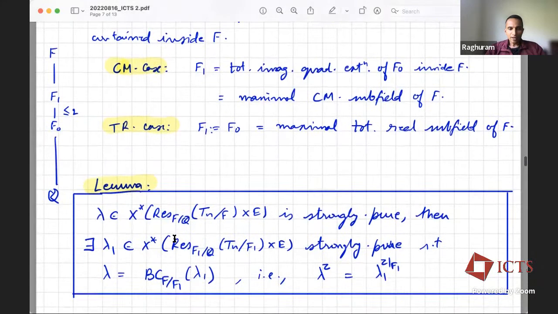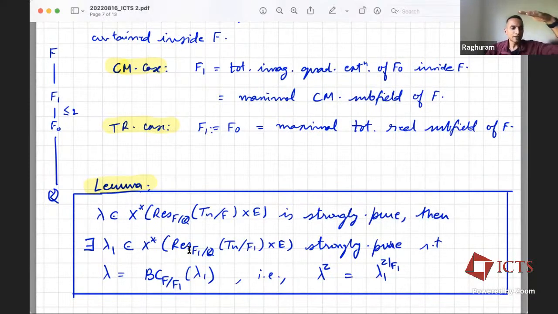Strong purity has this consequence: if I work with a weight which is strongly pure over a totally imaginary field, then there is in fact a strongly pure weight over this field F1. So my original weight is in fact some kind of a base change of this weight over F1.